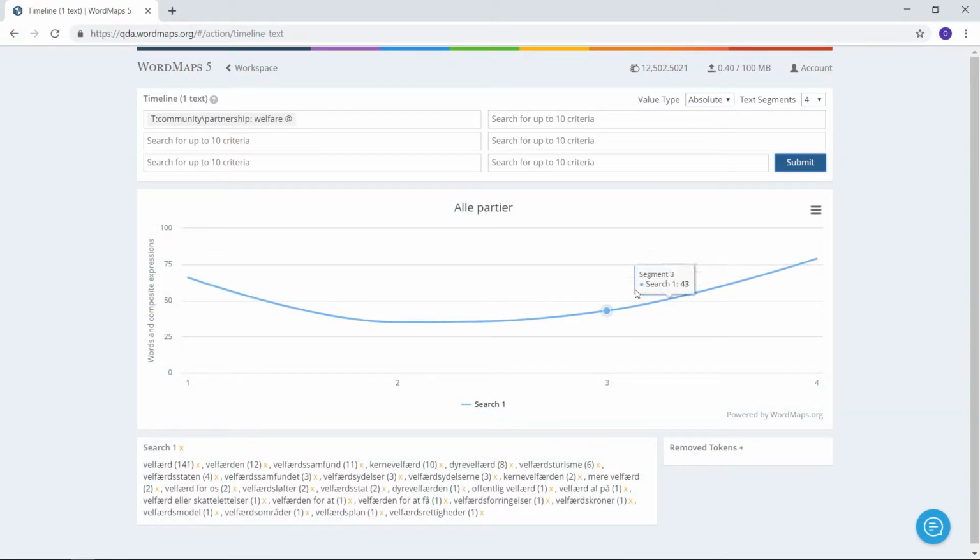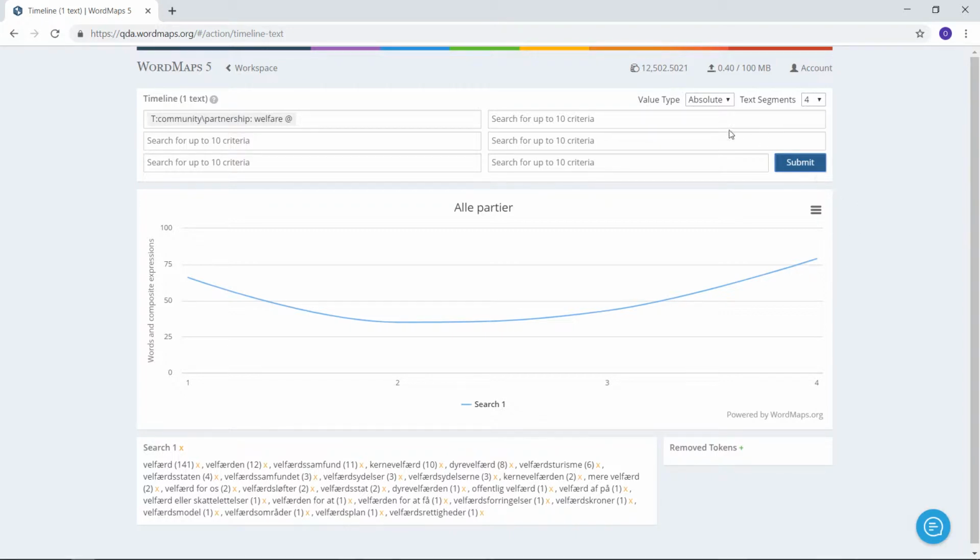And we see now the general picture is the parties starting discussing welfare in the beginning of the election, then they slow down a little bit on this topic, and they ended up the discussions in the tweets by going up and increasingly focusing on welfare.